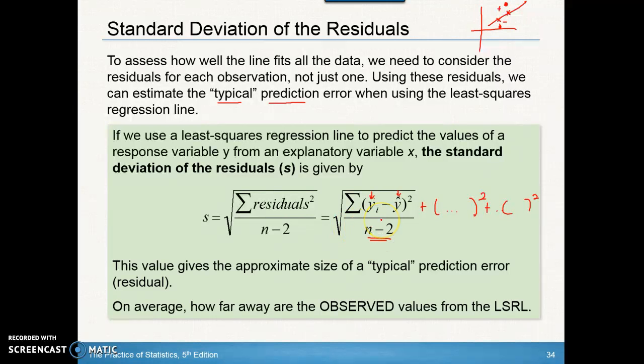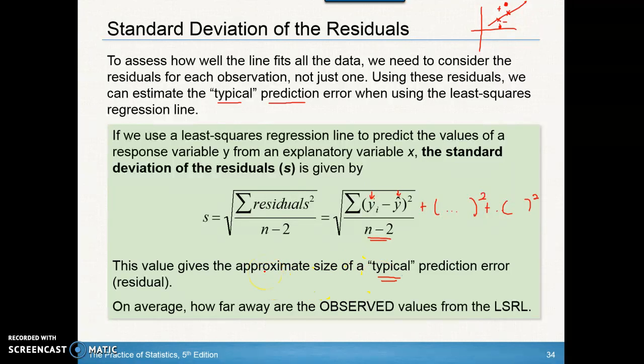okay, because we have two variables, our independent and our dependent, our explanatory and response variable, and then take the square root of it. But like I said, you're never going to have to do this. Your calculator will do this for you. Minitab output will do this for you. Just understand where it comes from. So this value gives the approximate typical prediction error.